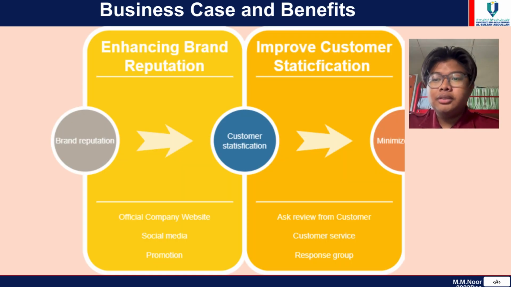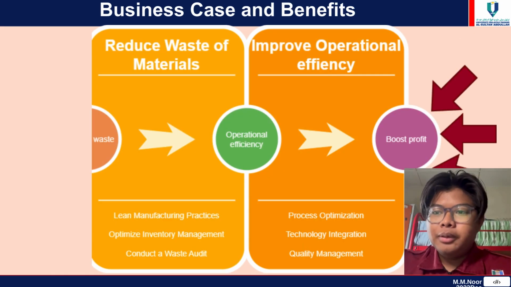And for the next part, this is our business case and benefits. First, we want to improve our brand reputation, improve customer satisfaction, reduce or minimize our waste material, and improve operational efficiency so that finally we can boost our profits.